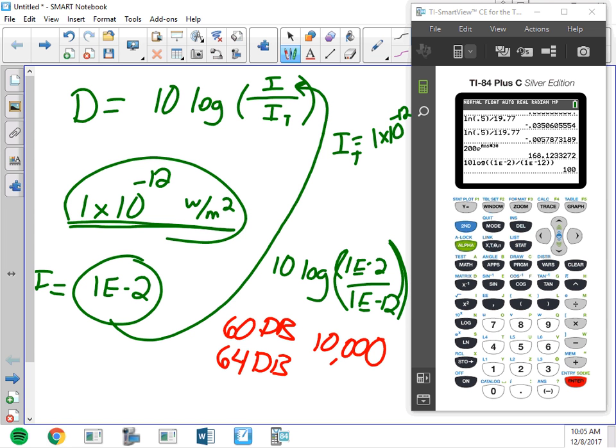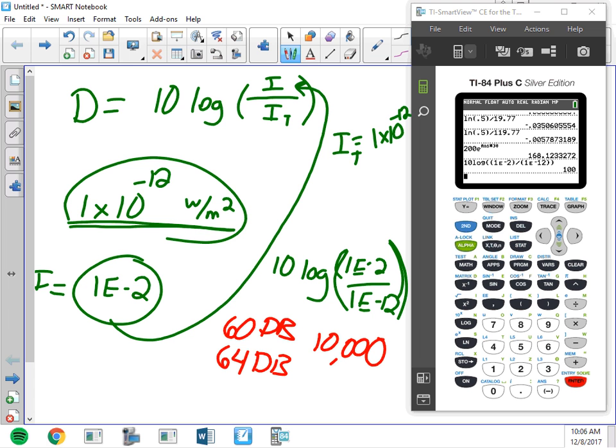Each step is 10, so it'd be 10 times 10 times 10 times 10, which is 10,000. Right, it's exponential. When you deal with an exponential graph, it grows so fast that you can't fit it on your paper. You can only see a small amount of it. So to bring those high numbers down, we use logarithms. Logarithms allow us to tame exponential values because they grow so fast.